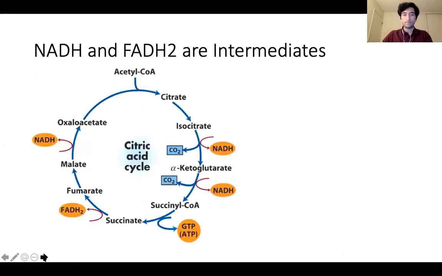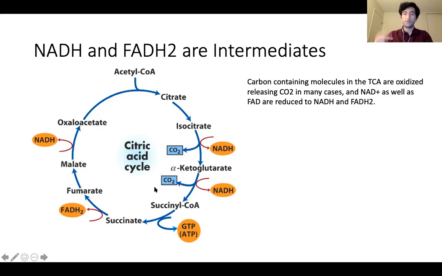Okay, I will proceed. Now just to give a quick recap of what happens in cellular respiration, I'm sure many of you have seen this before, but essentially the most important intermediates in this process are your NADH and your FADH2. Like I was discussing previously, you can view the entire cycle of cellular respiration as further and further oxidizing some carbon-containing molecule.